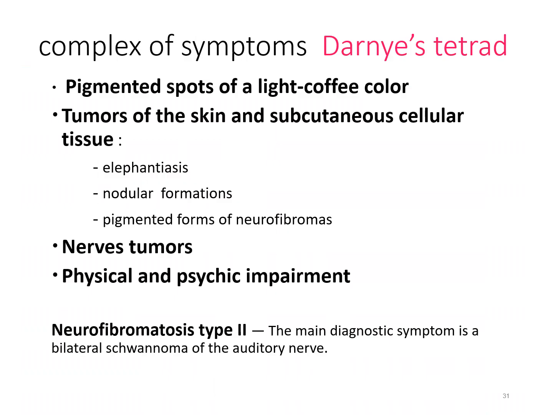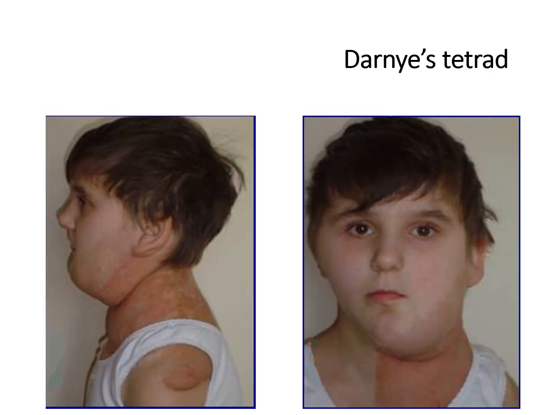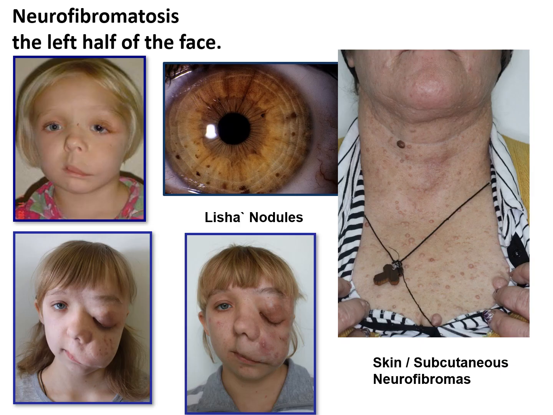Typical for neurofibromatosis is the Darier tetrad. It consists of pigmented spots of light coffee color, tumors of the skin and subcutaneous cellular tissue, nerve tumors, and physical and psychic impairment. Here is a case of neurofibromatosis of the left half of the face.